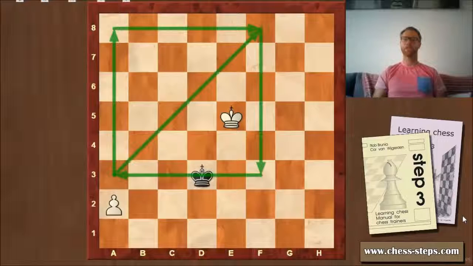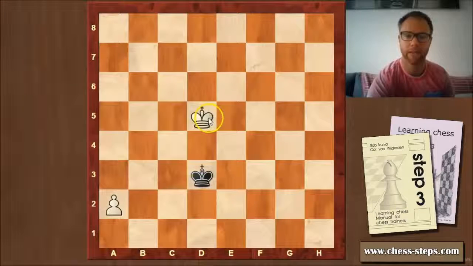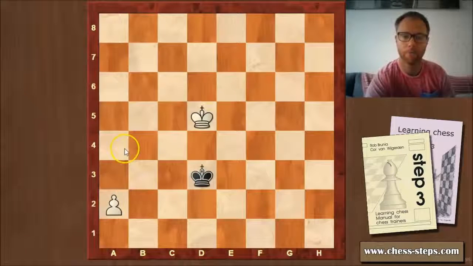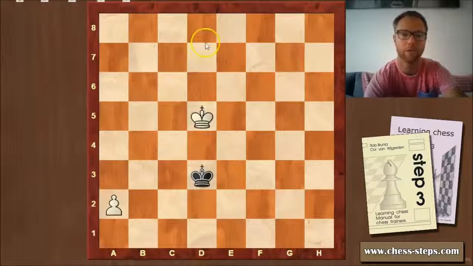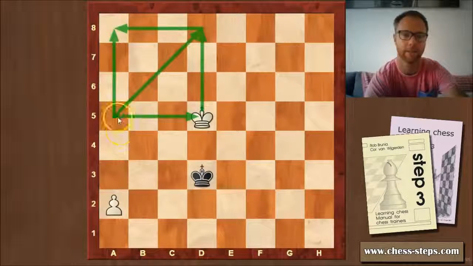But in this specific position, we can use our king to shield off the opposing king. Note that if the pawn moves to a4, the square of the pawn would be this square. Oops, sorry, that's my bad.